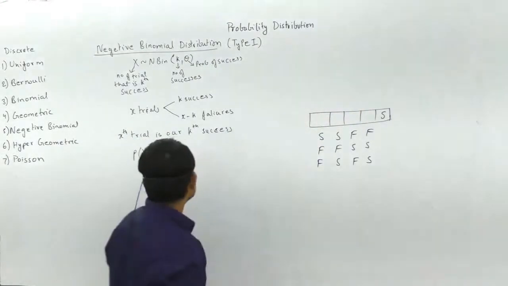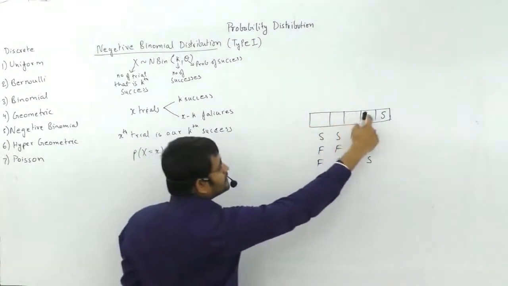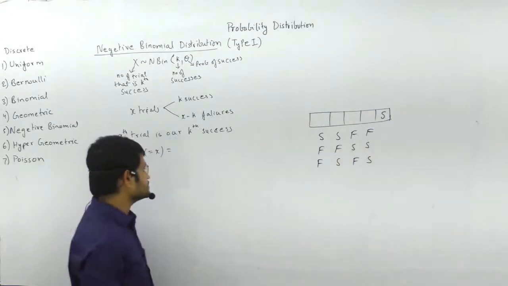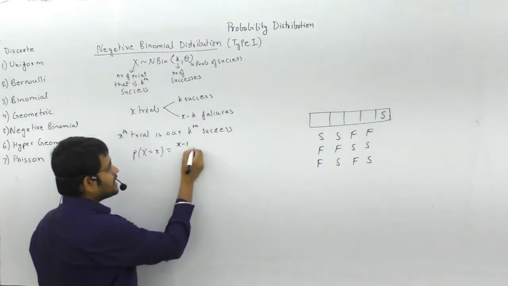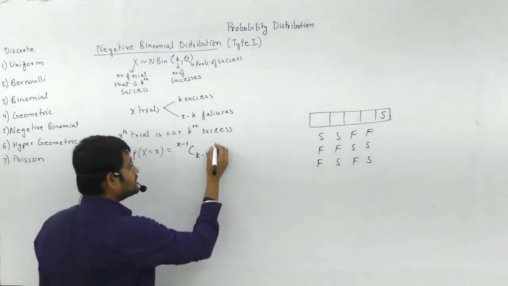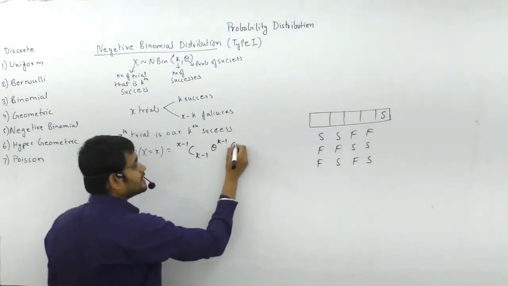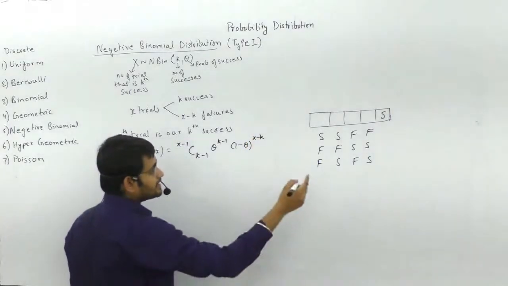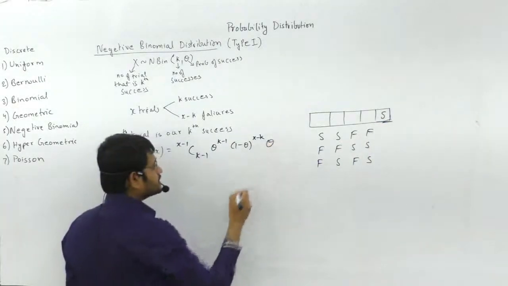So how would we arrange that? Out of 4 trials, I have to select 2 positions for the 2 successes, or out of x minus 1 trials, I have to select k minus 1 successes, then arrange my x minus k failures, and lastly, I have the last trial as my success, so theta.